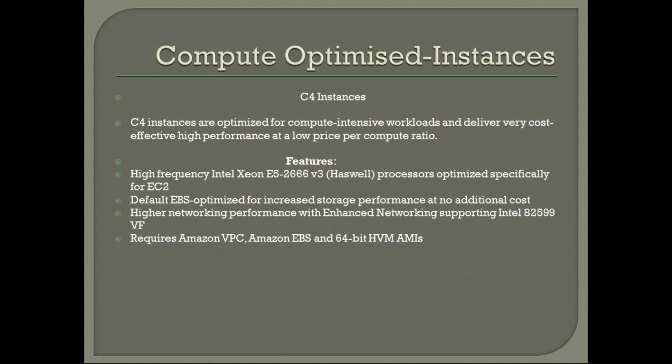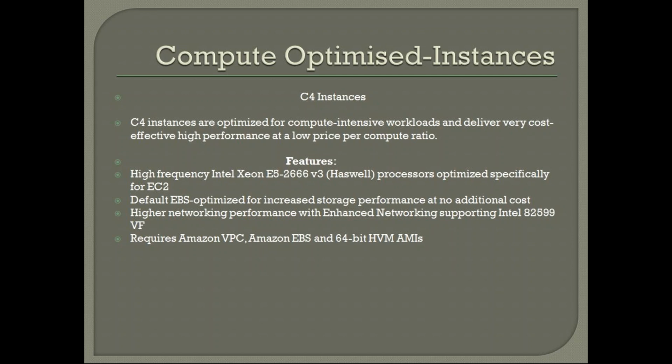So if a CPU is doing the computation, these instances are enhanced with the help of the CPU. So the features we are seeing are a high frequency Intel Xeon E5-2666 v3 processor optimized specifically for EC2 instances. So they are using this Intel processor specifically for EC2 instances.